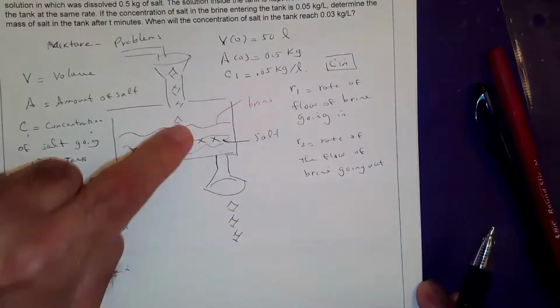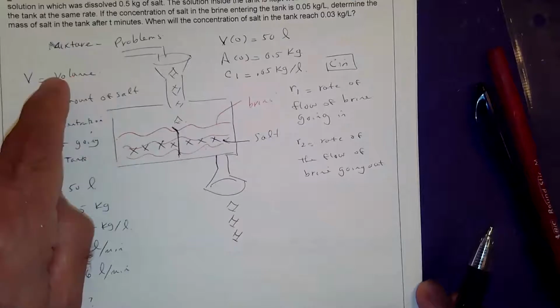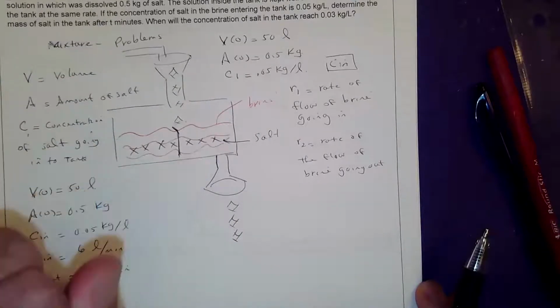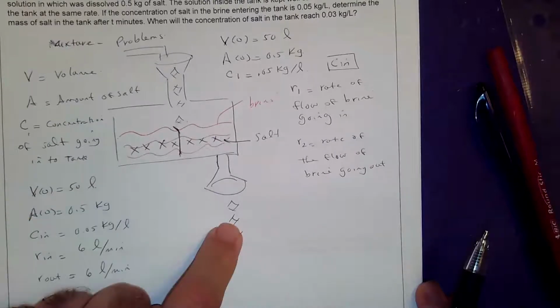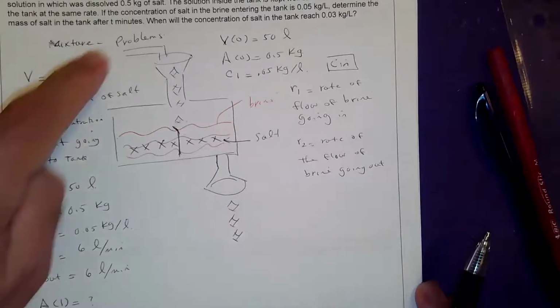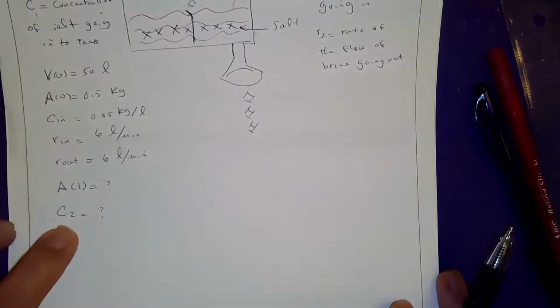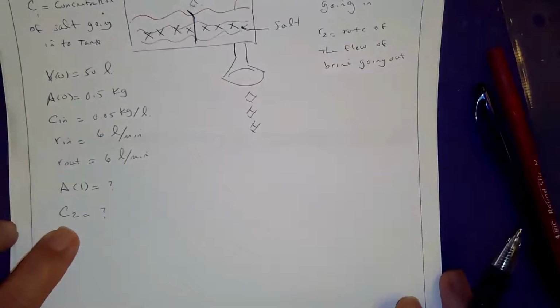The concentration depends on how much brine you poured in. So even though the concentration going in was constant, the concentration coming out of the tank is not constant.